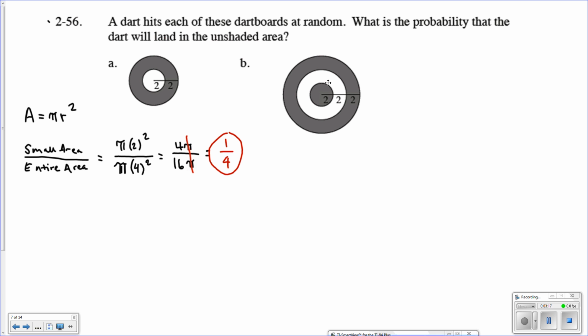To get the area of the unshaded region, we are going to subtract the area of the small circle from the area of this middle circle. So let's put the middle circle area minus the small circle's area.